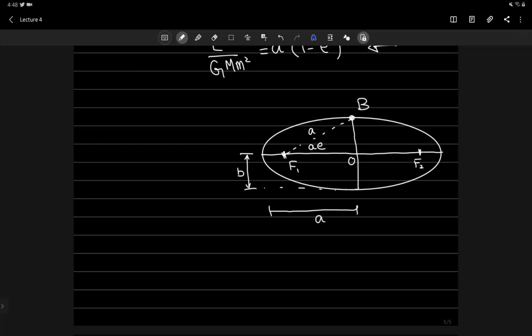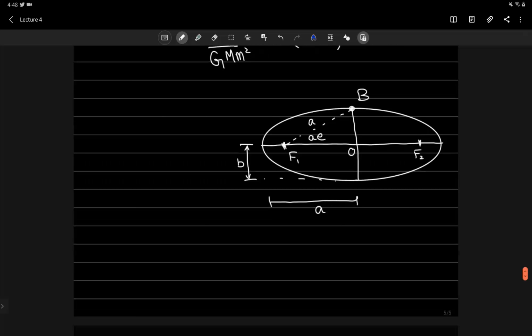So then we can use the Pythagoras theorem, and we can find the value of B. Using the Pythagoras theorem, B squared हमारे पास आएगा A squared, right? This one minus इस वाली चीज का squared, so that would be A squared E squared. And what I can do is I can factor out A squared, and I'm left with 1 minus E squared. So that's B, or at least that's B squared, right?